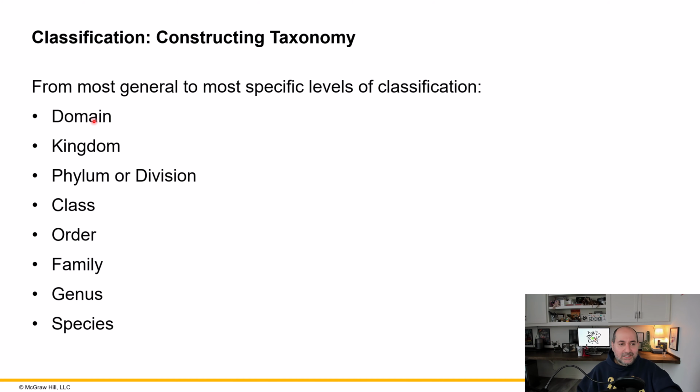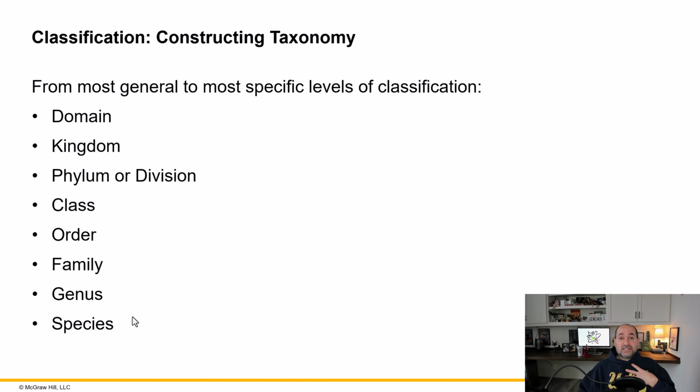You have domains, and under the domain, you can have various kingdoms. Under the kingdoms, you can have various phyla. Under phyla, you can have various classes. And so you're getting more and more and more specific. By the time you get to genus, you're talking about just a handful of very, very closely related organisms. And species is your particular species.